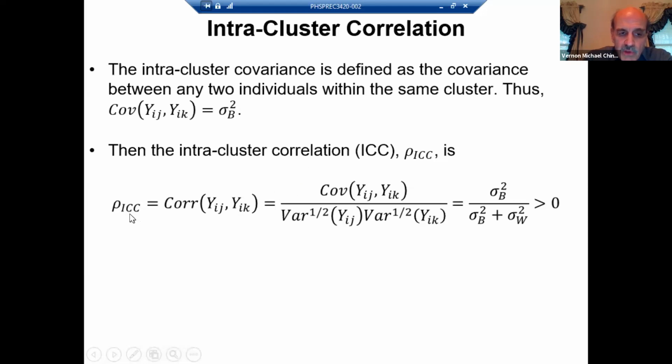Typically we use the Greek letter rho for correlation, so rho with a subscript of ICC represents the intra-cluster correlation. It's simply the covariance divided by the product of the square roots of the variances. If you do the simple algebra here, you end up with this expression for your intra-cluster correlation: the between cluster variance divided by the sum of the between cluster variance and the within cluster variance.